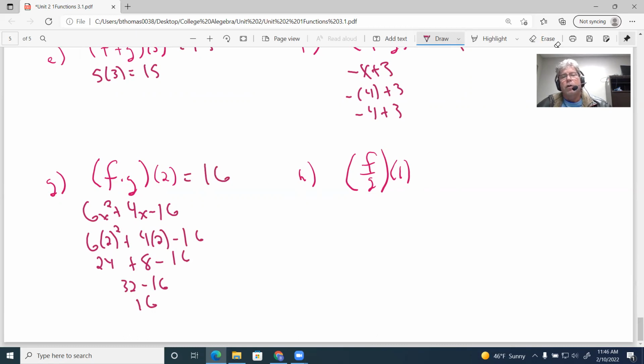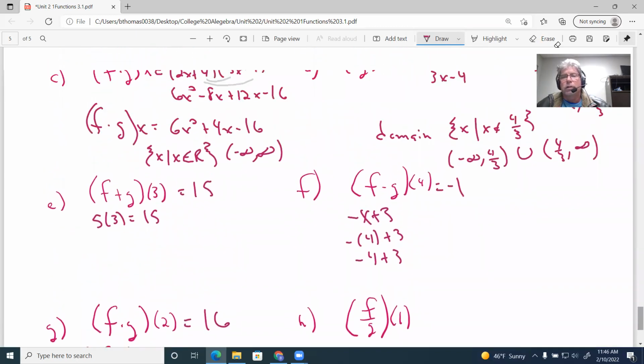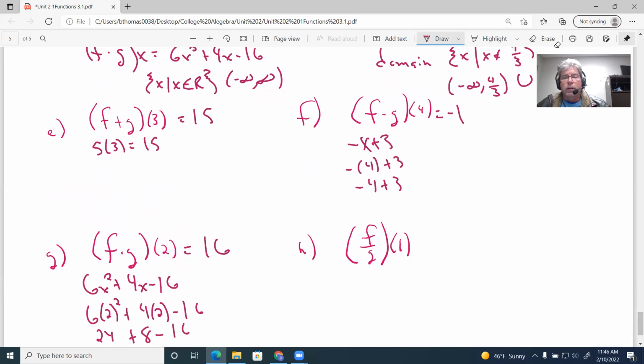Now f over g of 1 just means to use the function that we came up with up there, which was 2x plus 4 over 3x minus 4. And so what I have to do there is replace x with 1.